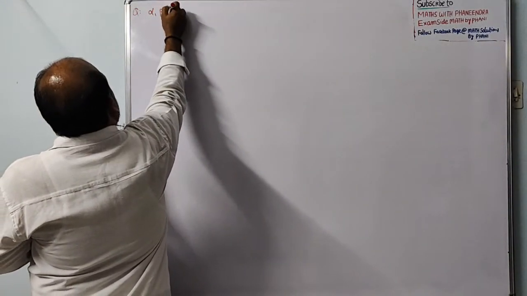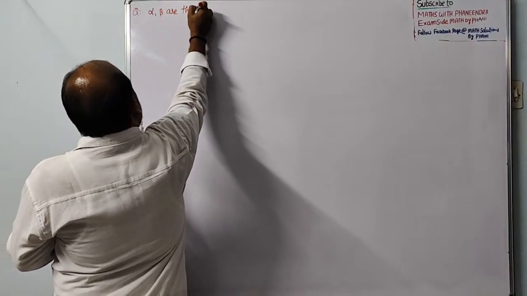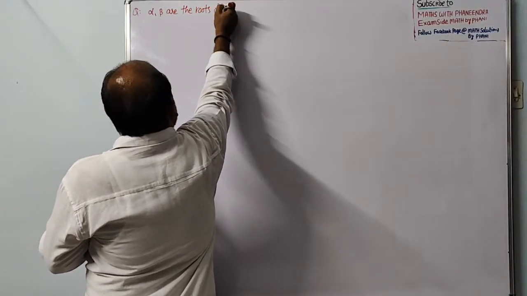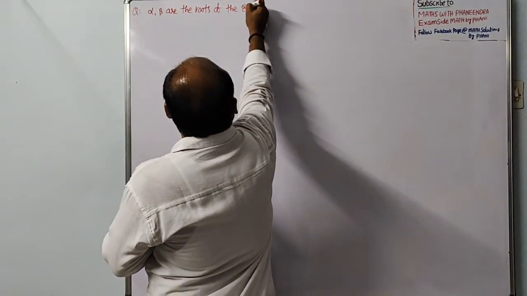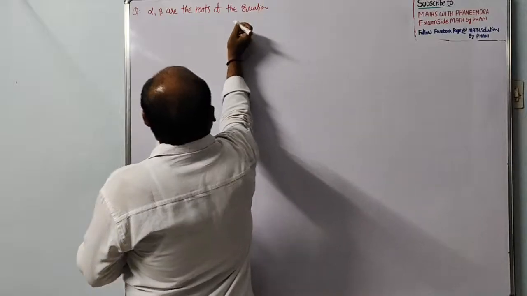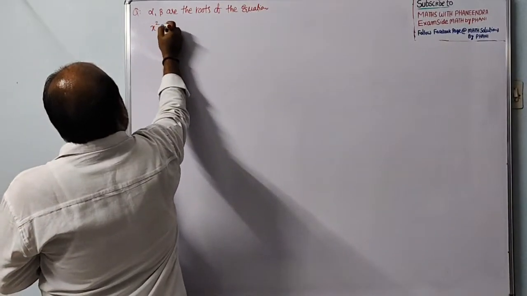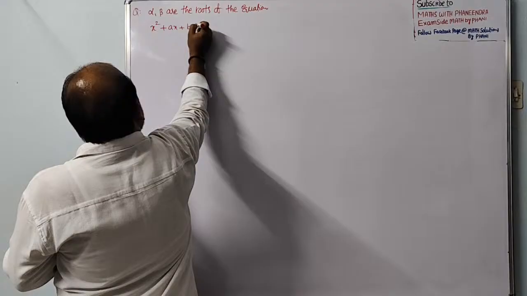α, β are the roots of the equation x² + ax + b = 0.